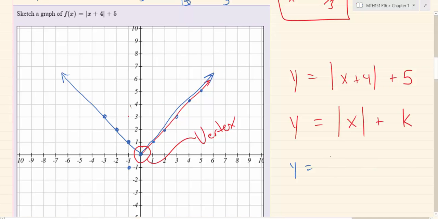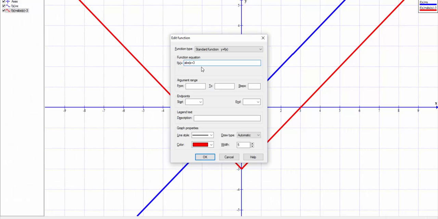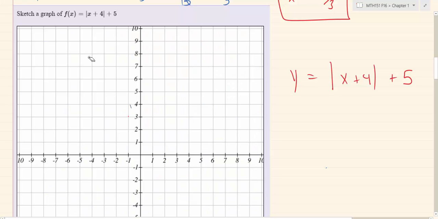Let's say that we have the absolute value of x plus 3. What does that do to our graph? Plus 3 on the inside shifts it 3 units to the left. Now consider the absolute value of x plus 4, plus 5. Where is its vertex? If I start with my standard graph and here's my vertex, how do I move the vertex?